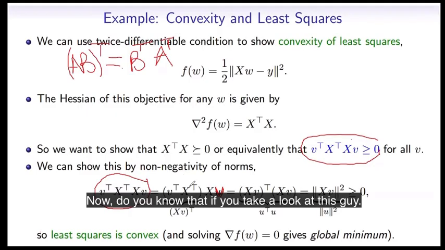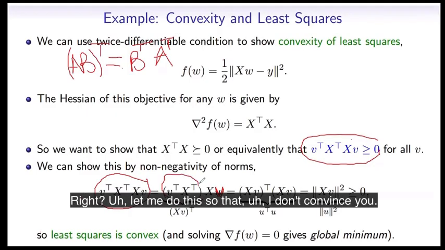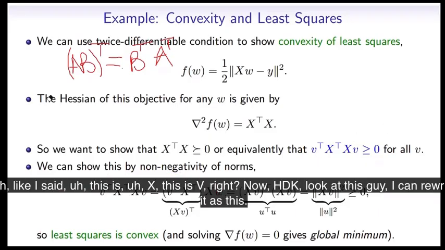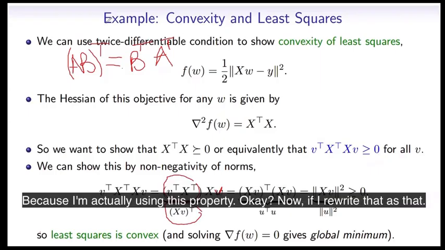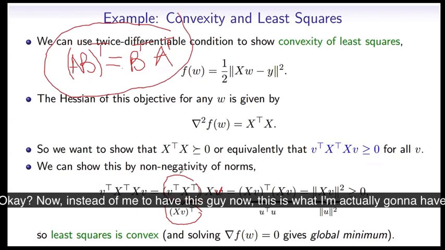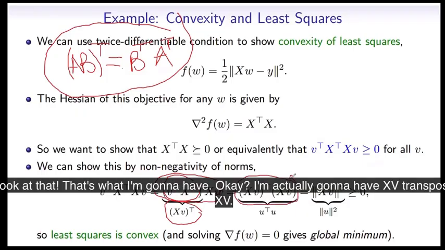Now, if you take a look at this guy, like I said, this is X, this is V, right? I can rewrite it as this because I'm actually using this property. If I rewrite that, instead of this guy, this is what I'm actually going to have: XV transpose XV.